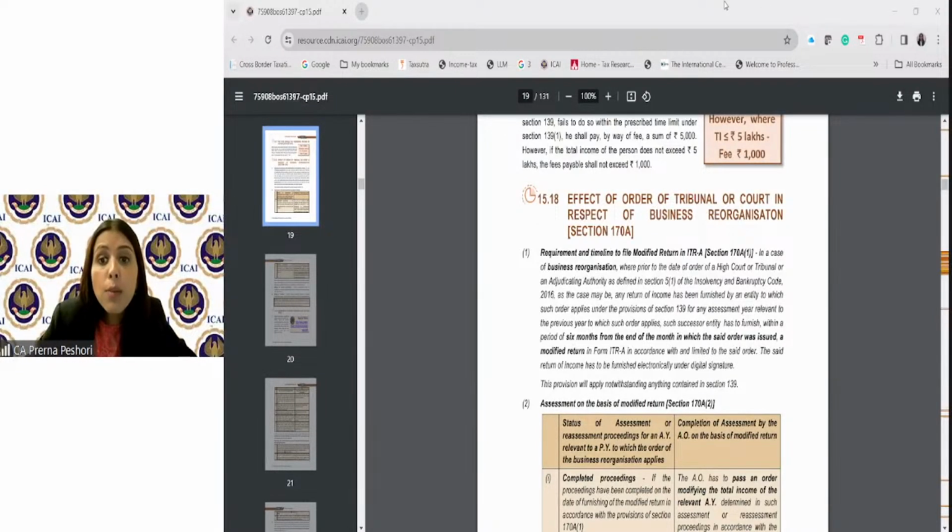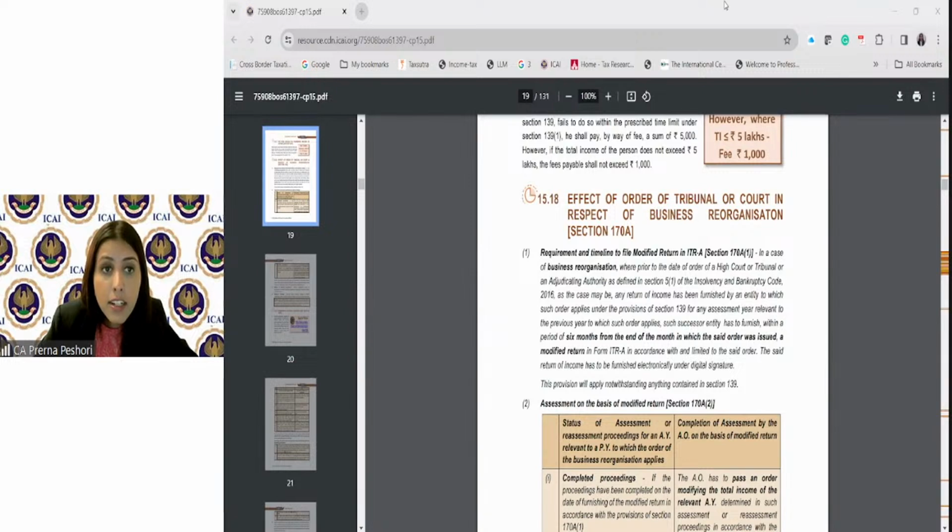We had done that while we were dealing with the topic of assessment of various entities chapter. How the assessment will happen in case of the succession of the business. Do you recollect that? Yes or no? Yes, students, you recollect what was the provision? Assessment of the entities in the case of the succession of the business.